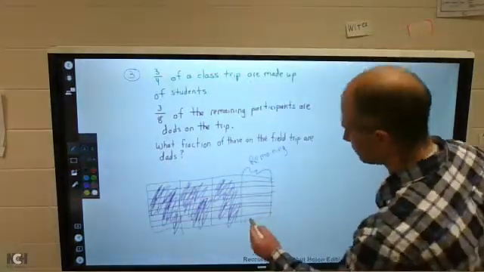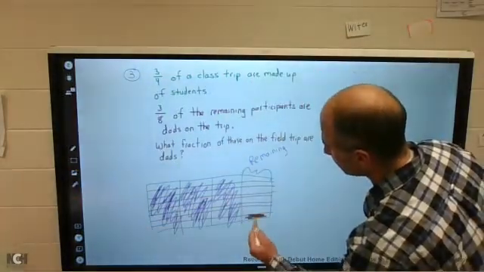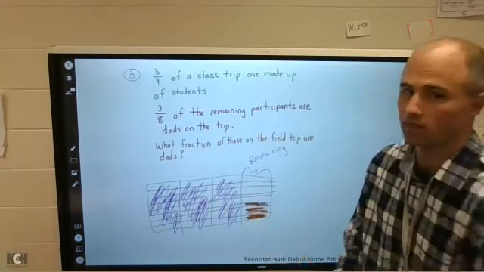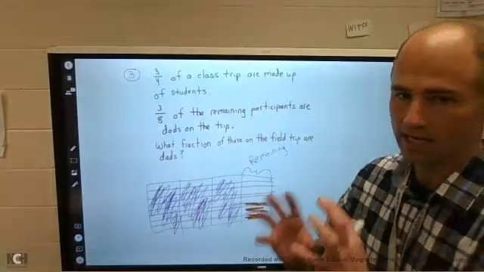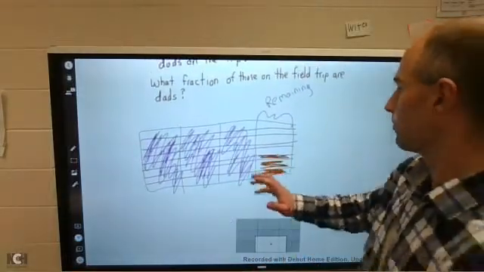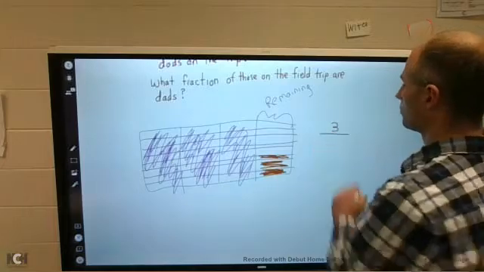Okay, 3/8. 1, 2, 3. And yes, my equivalent pieces are not ideal. 3 is going to be my numerator.